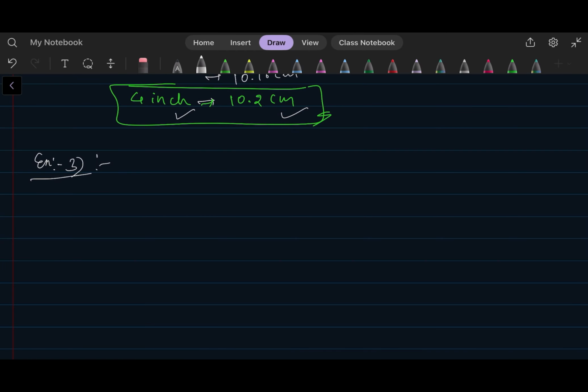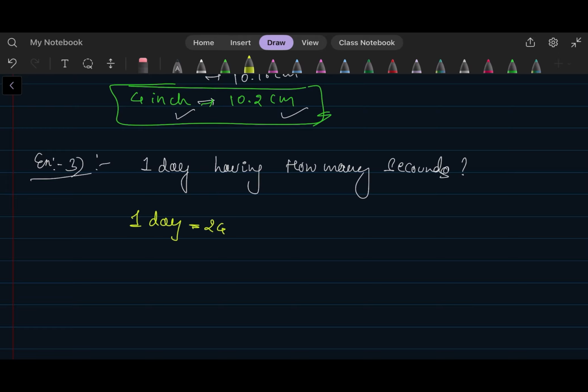They are asking: one day has how many seconds? We know that one day is nothing but 24 hours. I need to convert into seconds. Hours are there. 1 hour is nothing but 60 minutes, but we don't want minutes. 1 minute is nothing but 60 seconds.